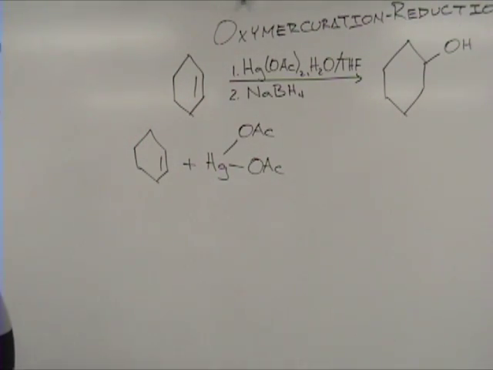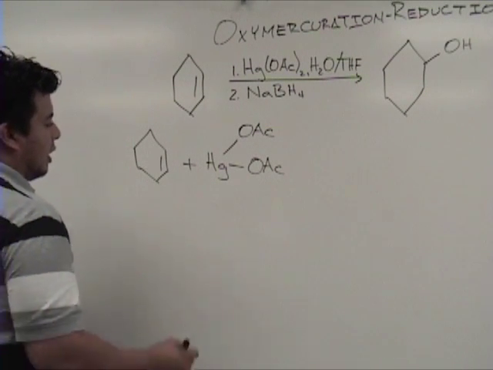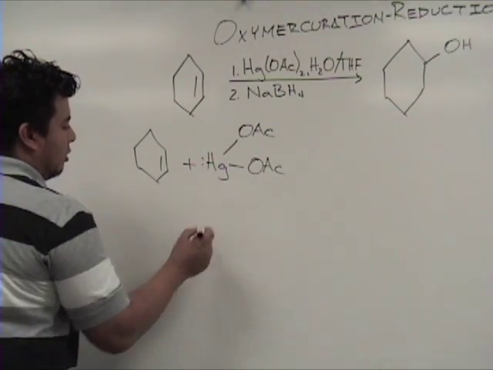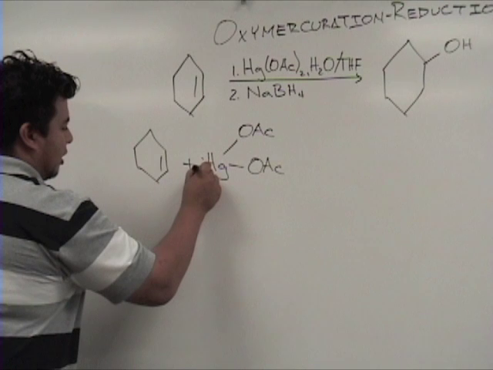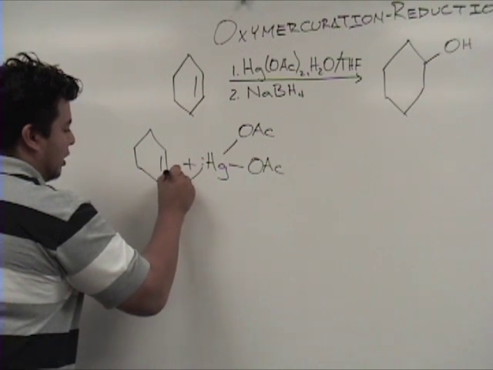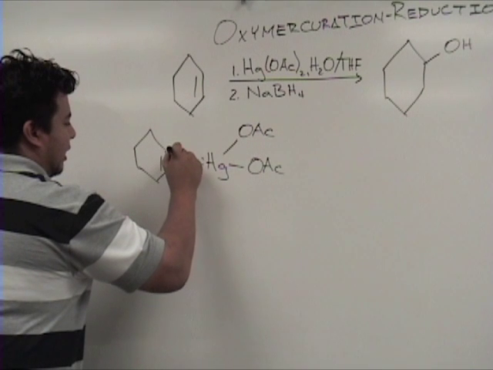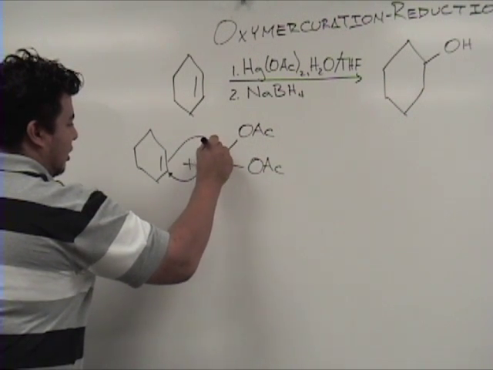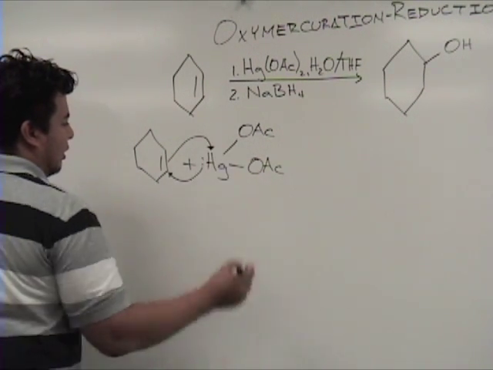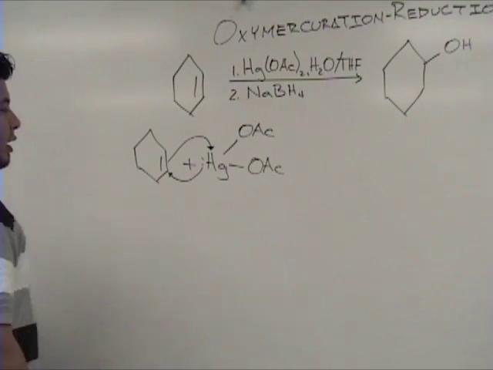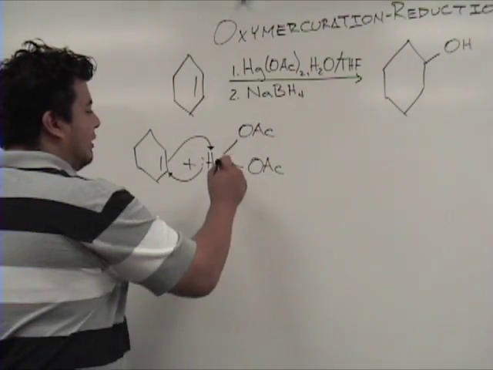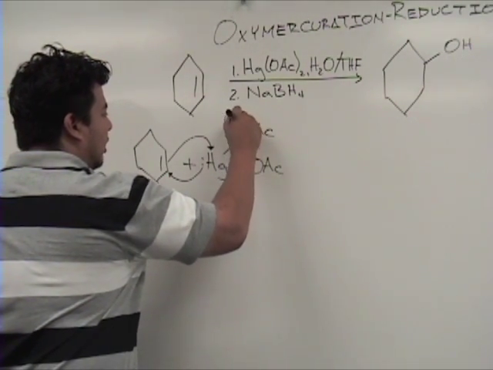And then the lone pair is going to attack as a nucleophile this carbon right here, while it's acting as an electrophile at the same time, and the double bond is attacking the Hg, and then one of the OAc groups is going to take the electrons and leave.